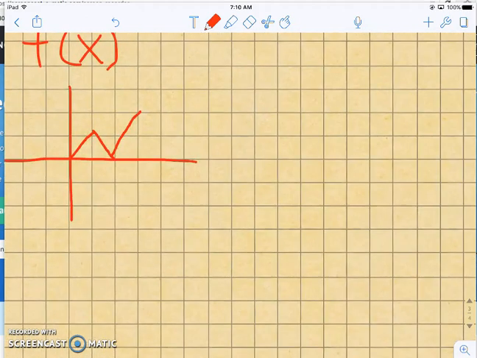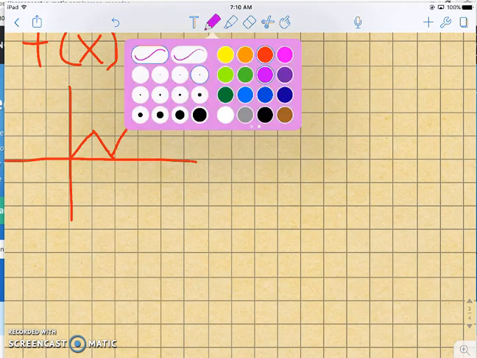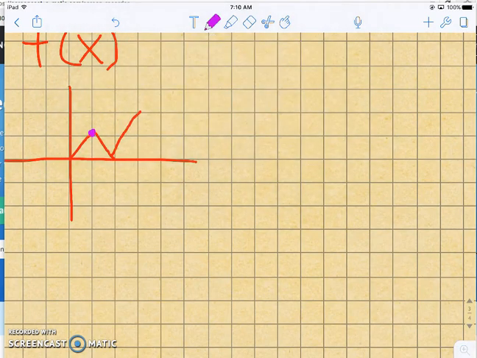And then just so we can see some of these coordinates, we could label a couple of coordinates on there. So we could label this as 1, 1, 2, 0, and 3, 2. And then we still have 0, 0.